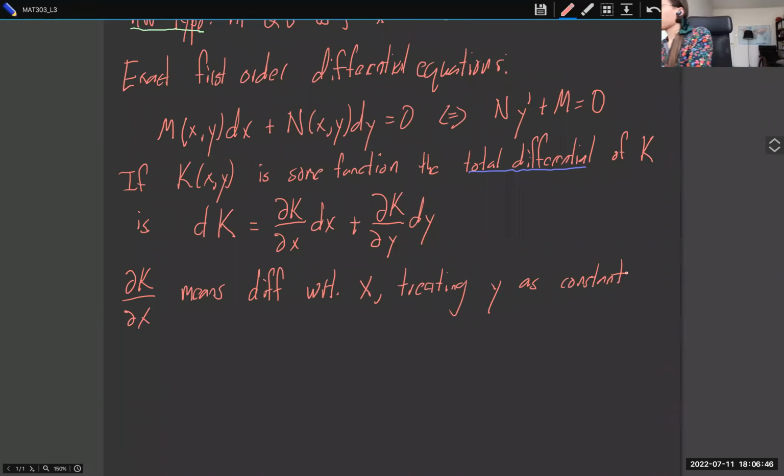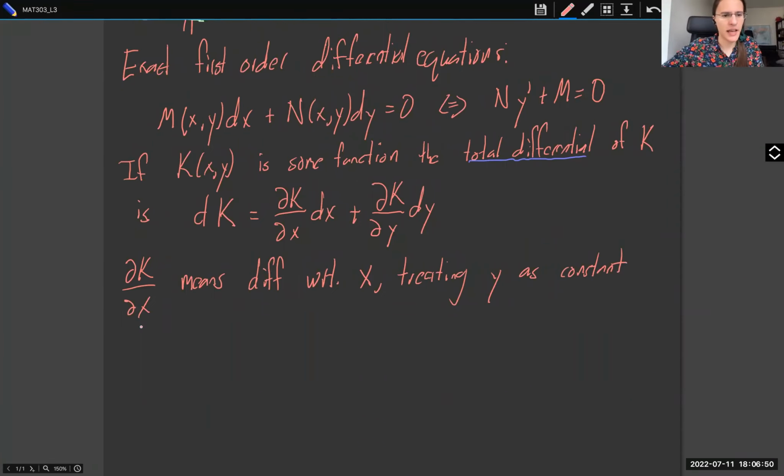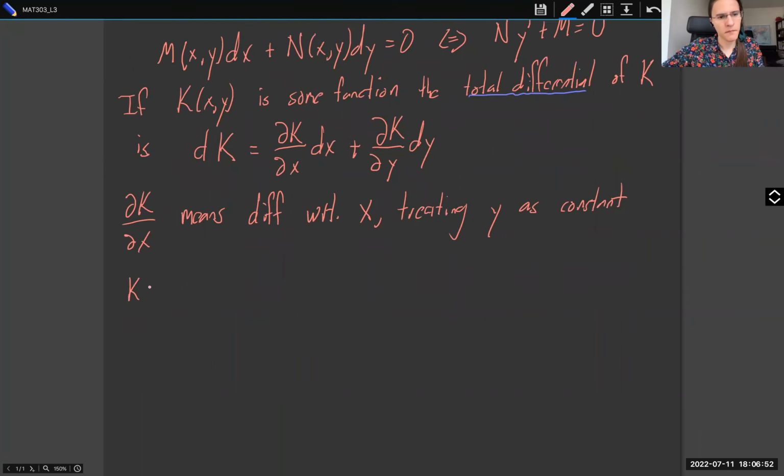So I can give you an example of this. Let's say we have some function K of x, y, and that's x cubed plus 3x squared y plus y to the fifth plus 5.